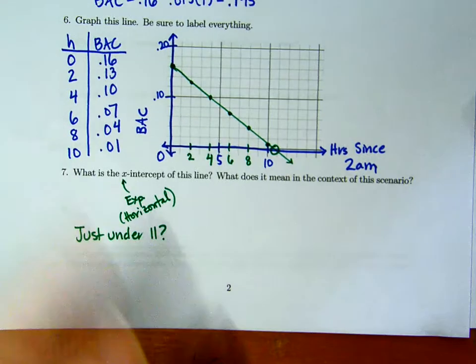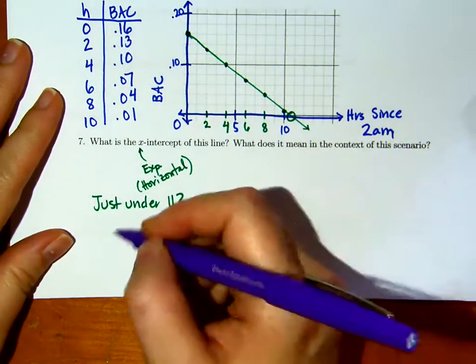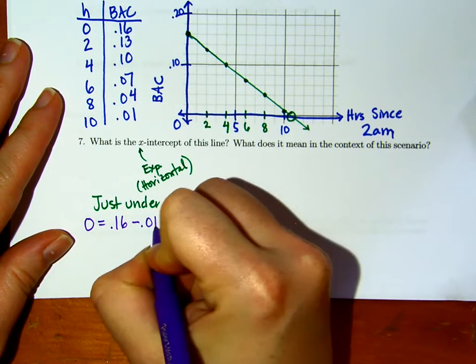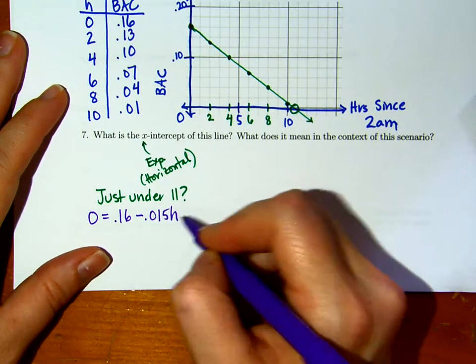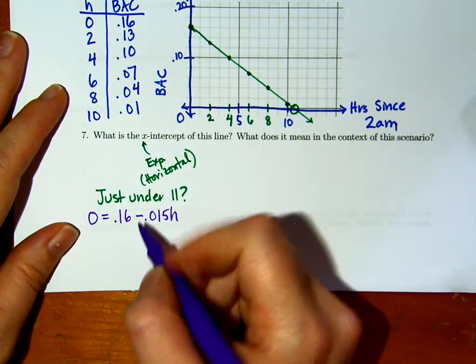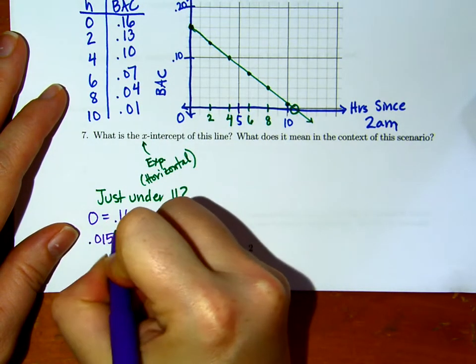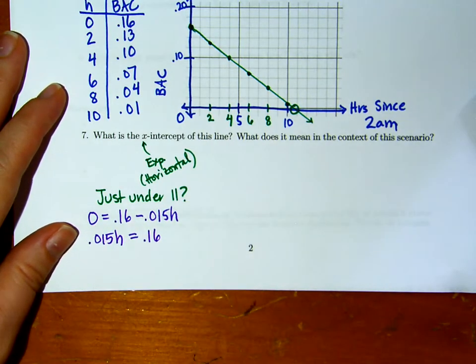So let's do that really quick. If 0 equals 0.16 minus 0.015 times h, or however many times based on the hours, that means that 0.015h has to equal 0.16 because when you subtract them, you get 0.